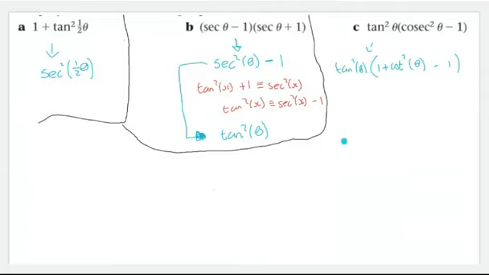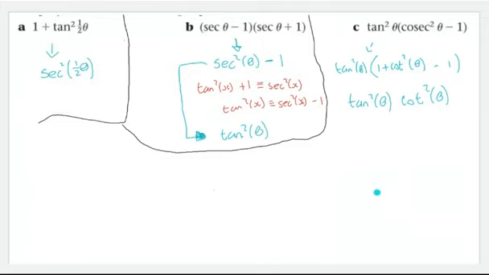Okay. Now, how does that help us? Where can we go from here? Take the 1 away. Yep. So what would that become? Cot squared theta. Yep. So that becomes tan squared theta multiplied by cot squared theta. And we can actually simplify this a little bit more as well.